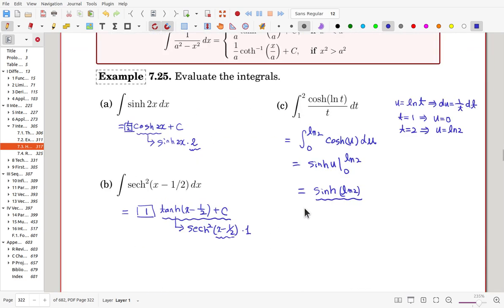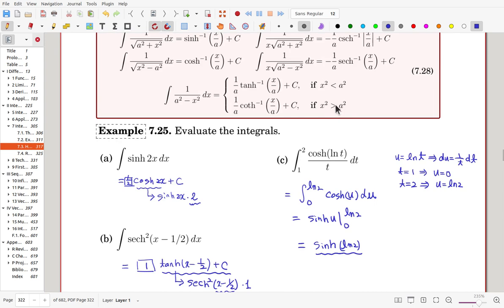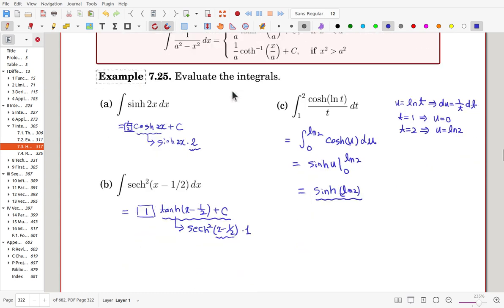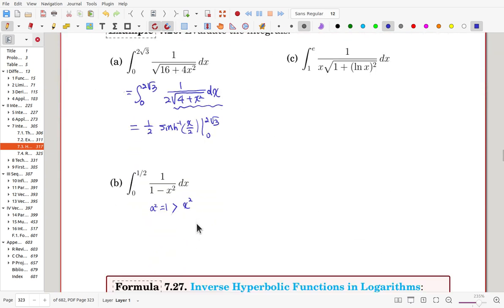So then we have to use that one. That is the same as 1 over a, inverse tangent hyperbolic of x over a. So we have to use this part. Okay, what is a? A is 1.